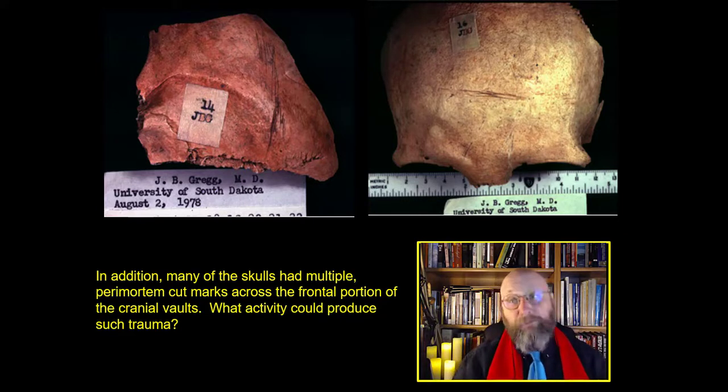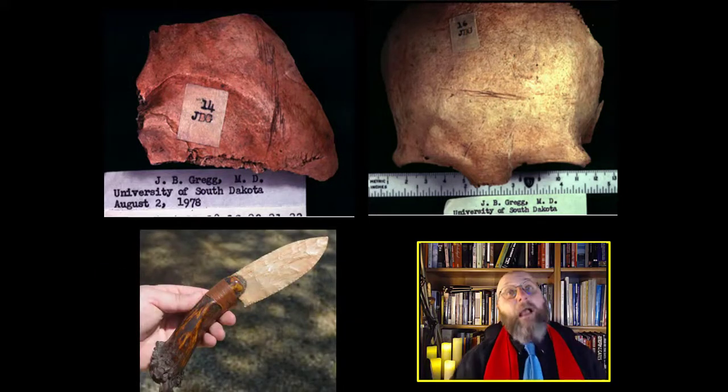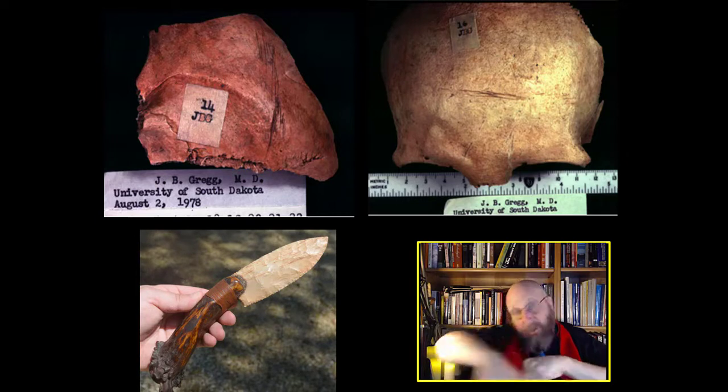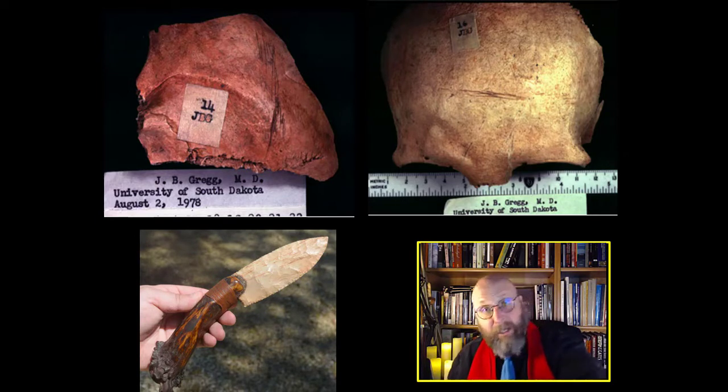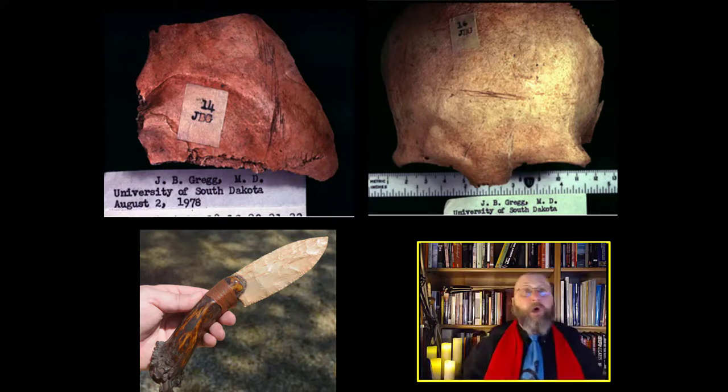And I am, of course, referring to scalping, where you hold an individual down, cut across their forehead, grab their hair, and if you've done this correct, with one pull, you could pull most of their scalp completely off of their heads.